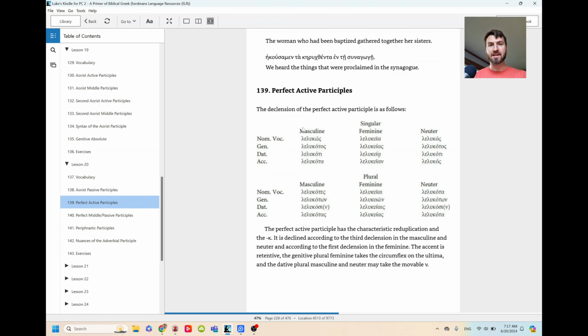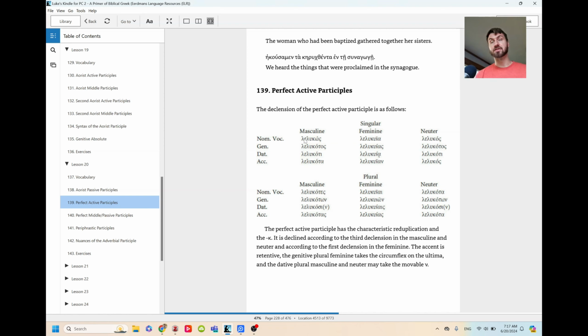However, in the perfect, you do see the reduplication still, because reduplication doesn't have to do with tense. The reduplication has to do with the aspect. This is alerting you to the combinative aspect. And so there's not a pluperfect participle, there's not an augment, but there is still the reduplication, and that is the giveaway that this is a perfect participle.